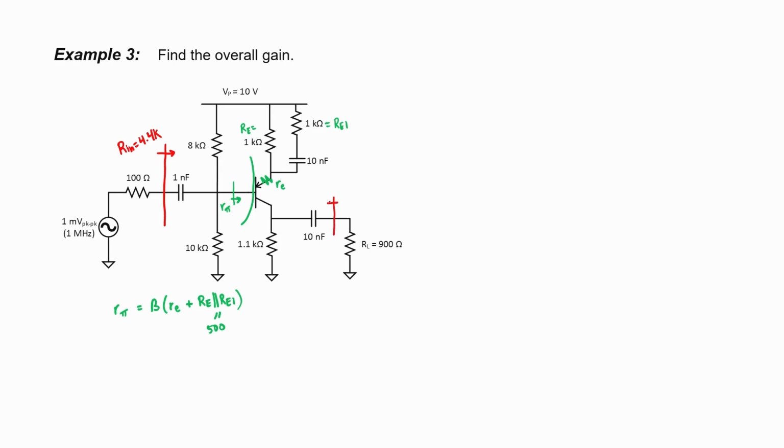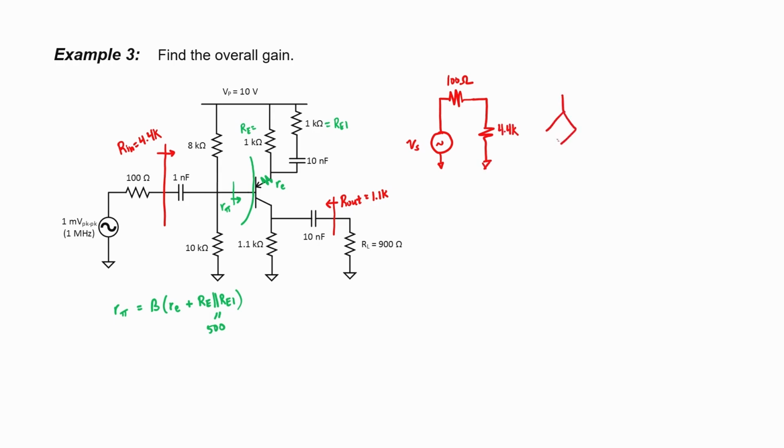Our output impedance is also unchanged from the previous example, and we can also see by inspection that it's just 1.1 kiloohms. Let's draw the AC equivalent circuit. We have our source, our 100 ohm source impedance, and then our input impedance.